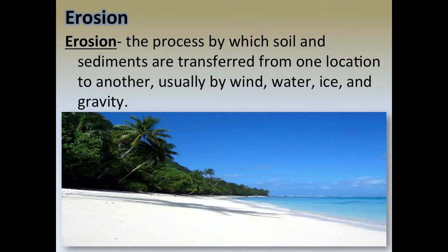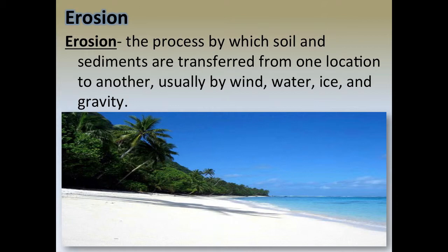But erosion can occur in numerous ways. It doesn't matter how this sediment, this rock, this sand is moved. If it's moved to another place in a natural, normal situation, that's erosion, period. Again, the process by which soil or sediment or sand, even rock, is moved somewhere else.